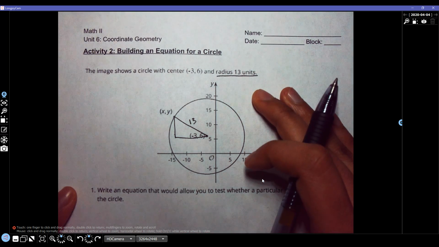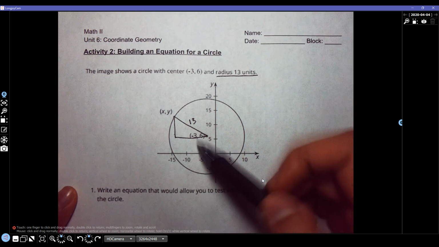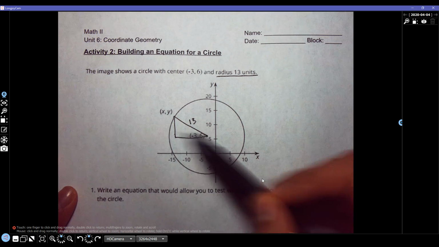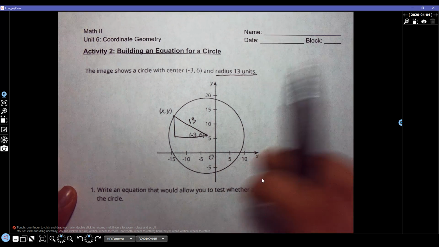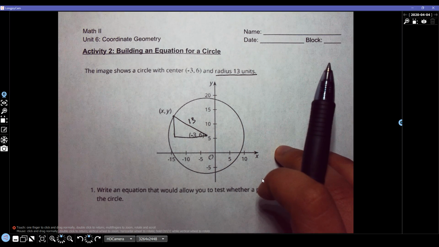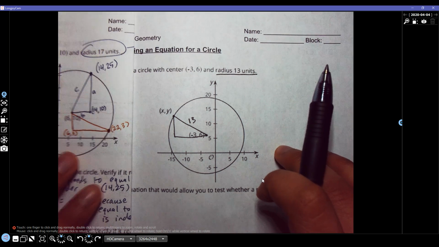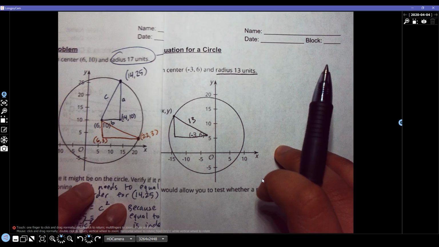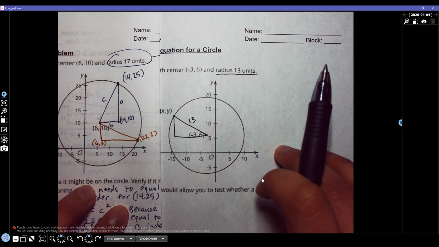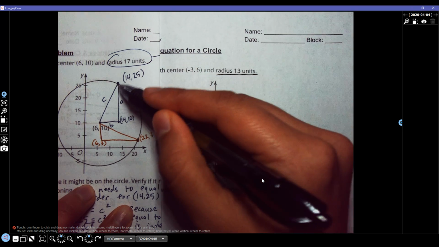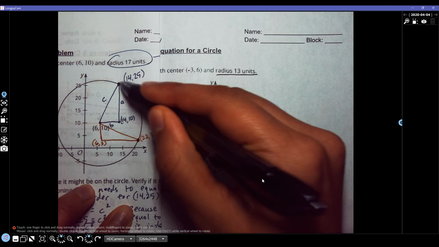And let's look back at the previous activity and review how we found our distances. These were our side lengths of our right triangle. We use the coordinates of a particular point and the center to find the lengths of the right triangle. So if you look back over here, from our previous example, we had subtracted the difference between the y coordinates for our a value here.